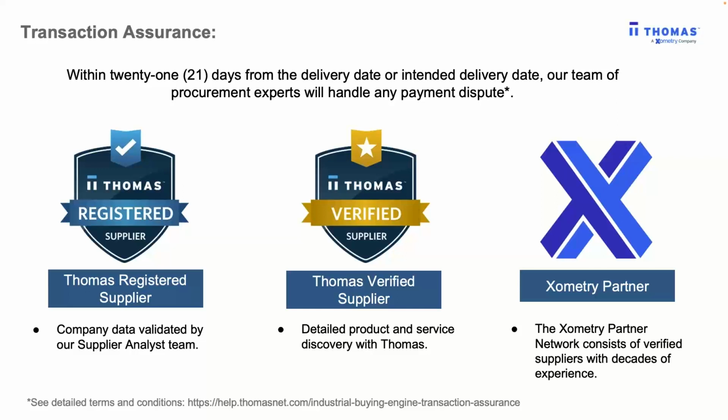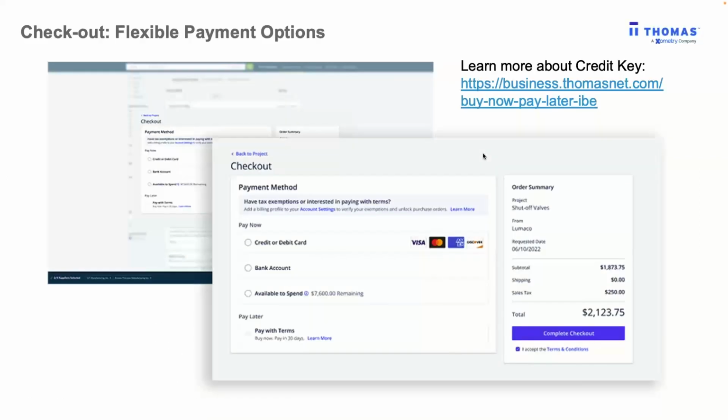The second thing is we also give you a 21-day assurance, so that within 21 days from the delivery day or intended delivery day, if you don't get what you needed, you can get in touch with us and we'll help you sort out any payment dispute as well. It's almost like extending your team from yourself to having a team of procurement experts supporting you behind the scenes.